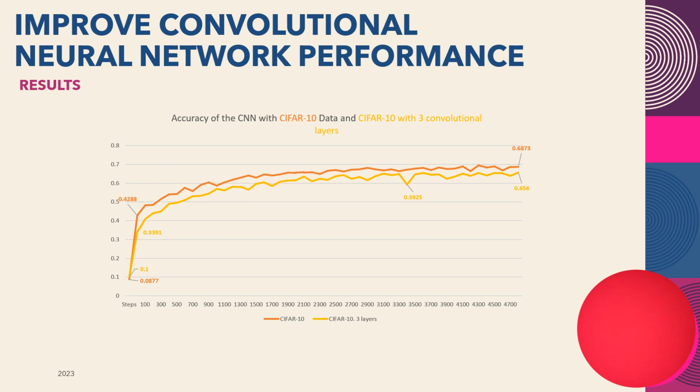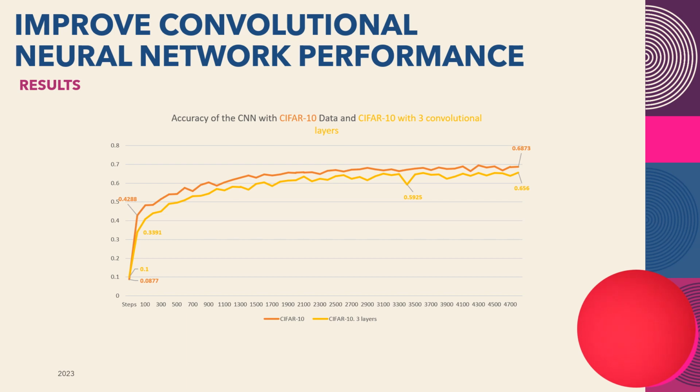One important conclusion here is that there is a small gap between the accuracy of the convolutional neural network with only 2 convolutional layers and the accuracy of the convolutional neural network with 3 convolutional layers. The convolutional neural network with 2 convolutional layers shows higher accuracy among all 5,000 steps.